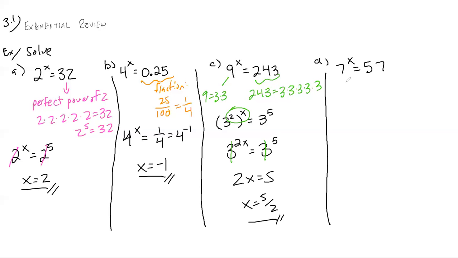It can't be broken down into anything. 57, if I want to break it down into smaller components, is 3 times 19. That's its prime factorization, so we can't break it down any further. So obviously 57 is not a power of 7. And since 7 can't be broken down anymore, we're not going to get something like the third one. So we cannot write these both as a power with the same base.